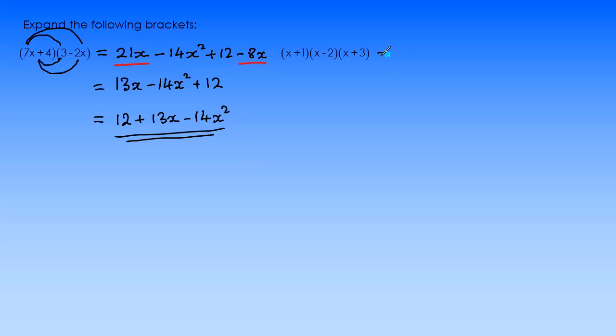Now, 3 brackets. What I'm going to do is leave the first bracket alone for the moment, and then expand the other bracket. So I get x squared plus 3x minus 2x minus 6.